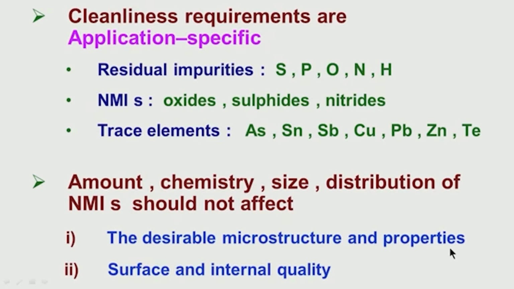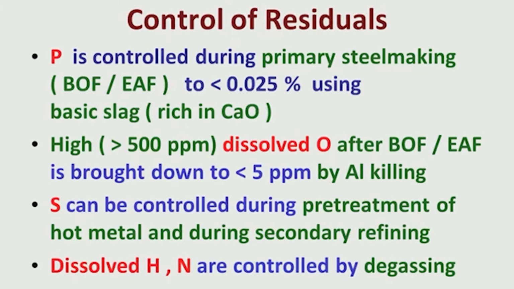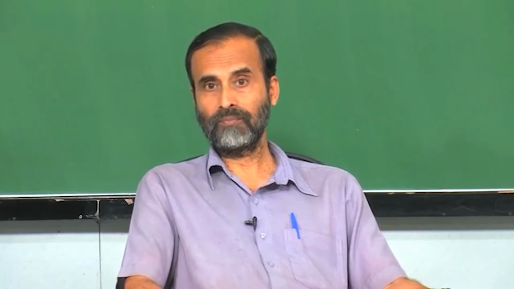So, we have to be very careful. These non-metallic inclusions, if they are present beyond certain limits I had mentioned, can affect the surface as well as the internal quality of the steel component. So, we have to be equally careful about those.